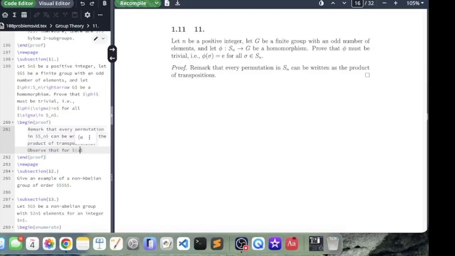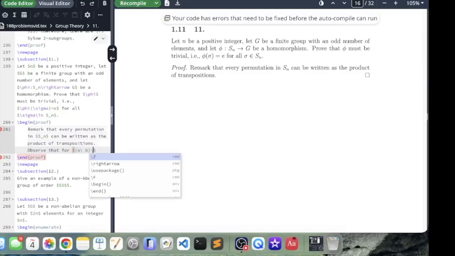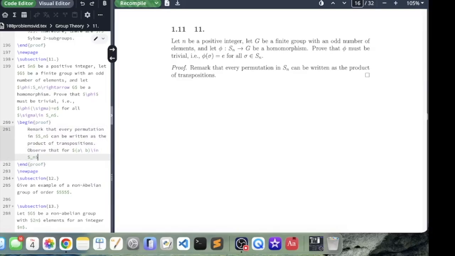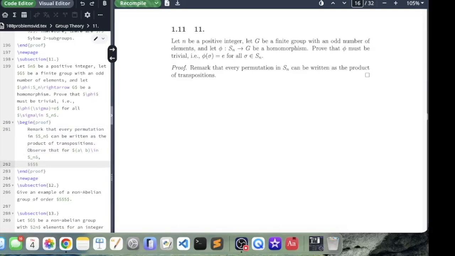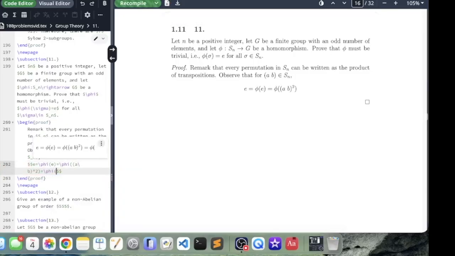Observe that for a transposition in Sn, we have that the identity is equal to phi of the identity, which is equal to phi of that transposition squared, which is equal to phi of that transposition, quantity squared, because we have a homomorphism.